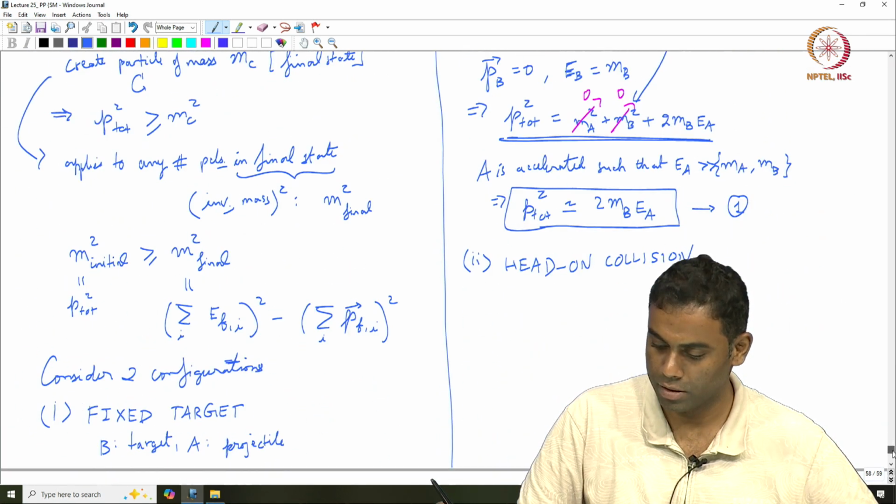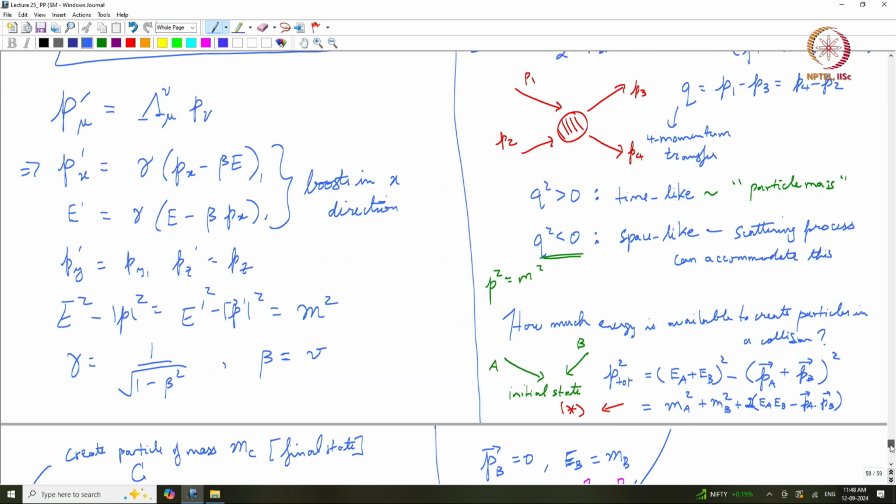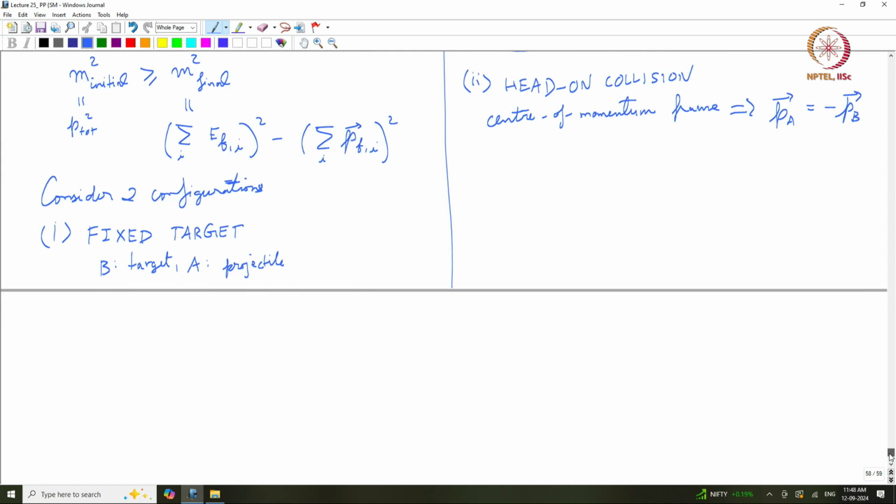Okay. So, I want to go to center of momentum frame. All that means is I am going to set PA equal to minus PB. Okay, that is all it means. Okay, in this case I have basically made the lab frame equal to the center of momentum frame in this picture basically. Okay. So, how do I think about this?